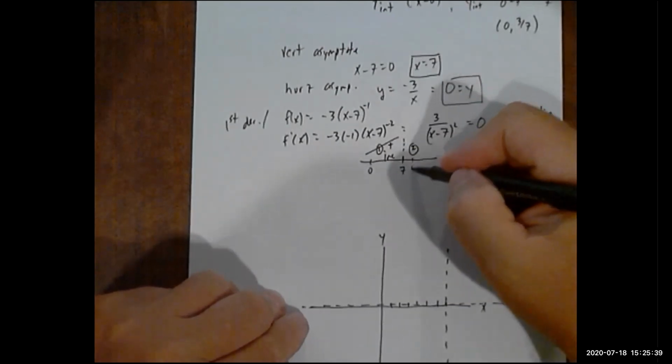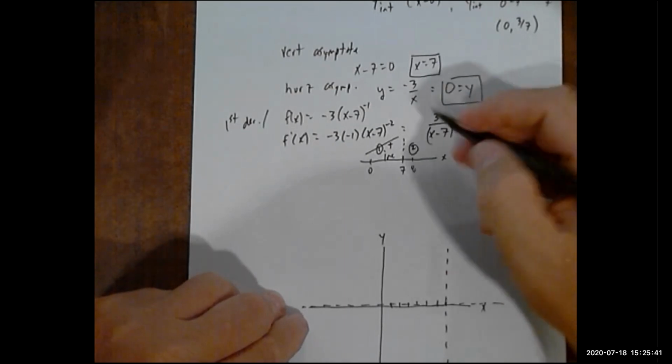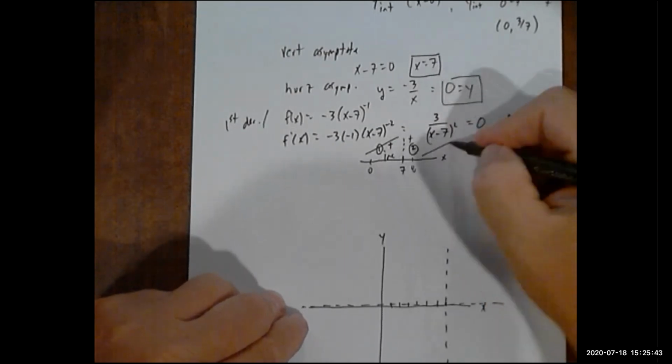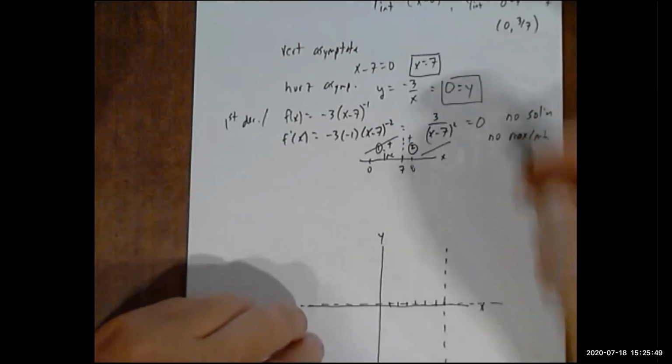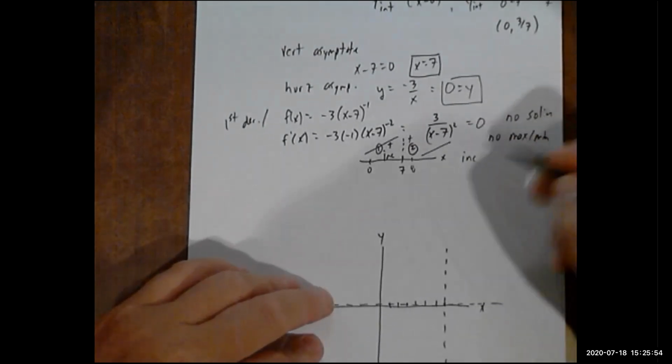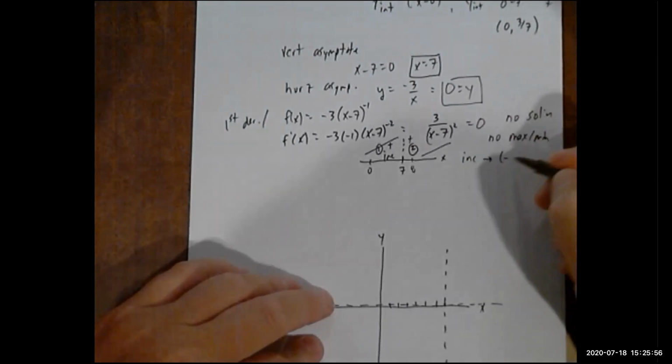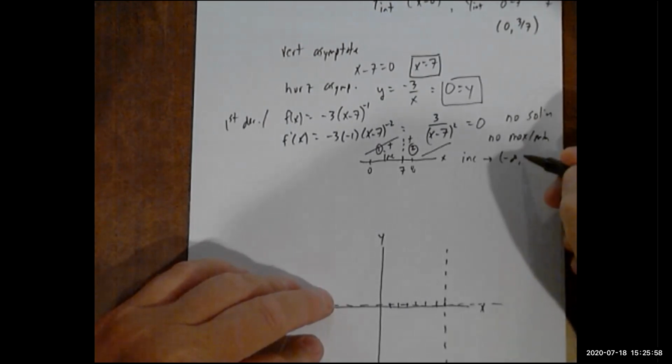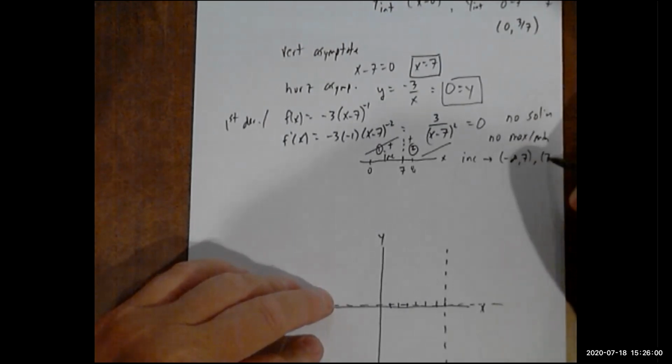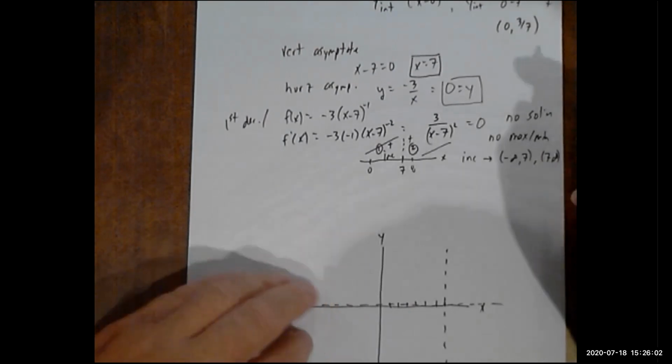If I plug in, say, 8 into here, it's also positive. So actually, both these regions are increasing. I think they're going to ask me that. So increasing are the intervals negative infinity to 7 and 7 to infinity.